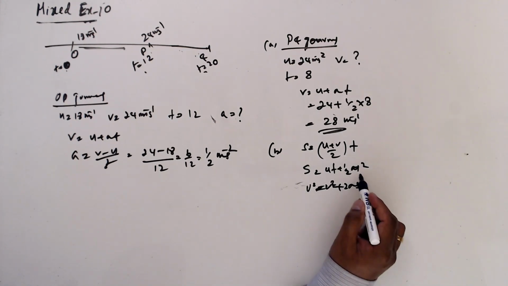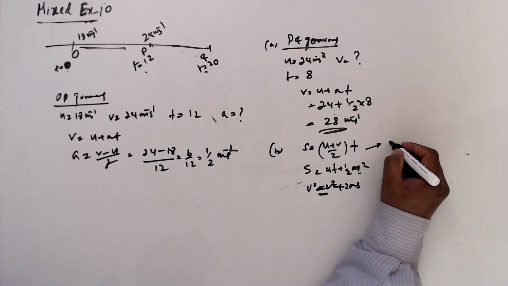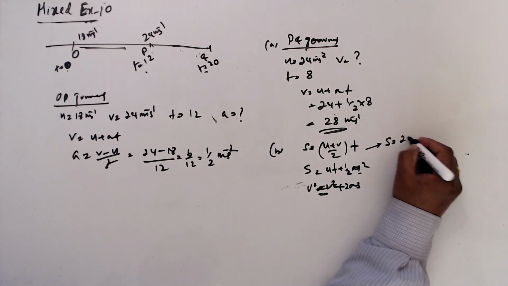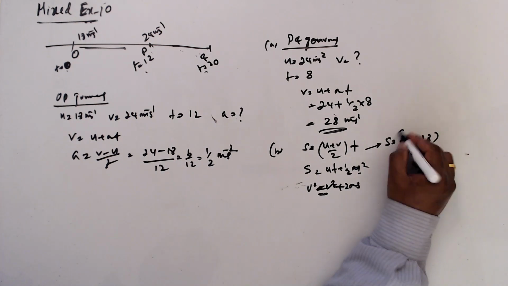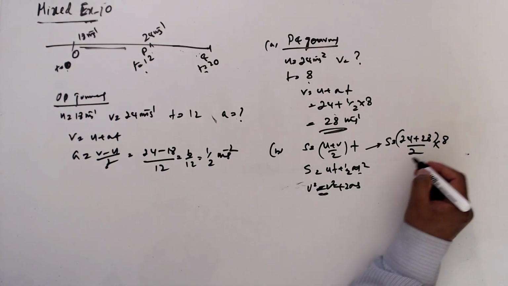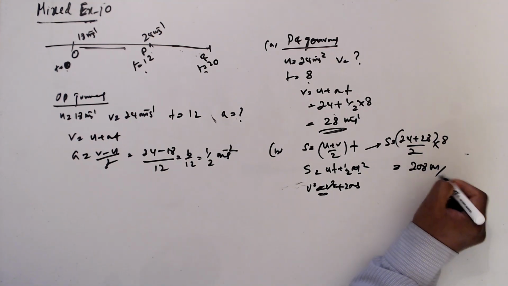But when I look at these, all are consistent, so I like to stay with this one. s equals (24 plus 28) divided by 2 times t, which is 8. So this answer is 208 meters.